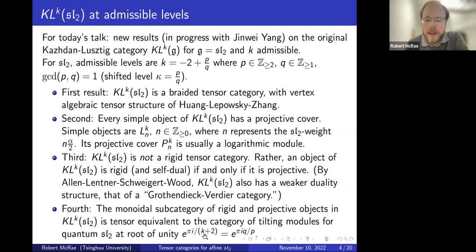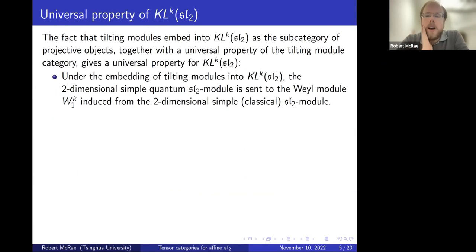So it's e to the pi i q over p. And so this last result, which is that tilting modules for quantum SL2 embed into this KL_k as a subcategory of projective objects, actually gives us a universal property for this KL_k category.